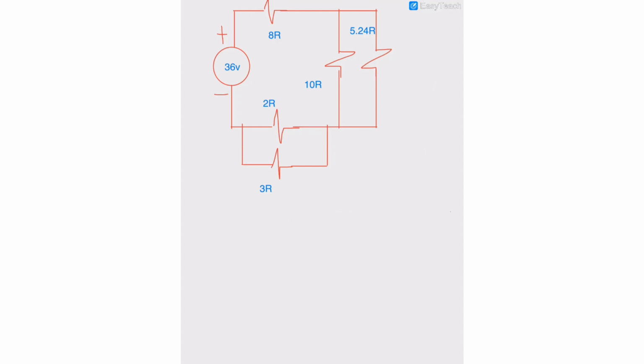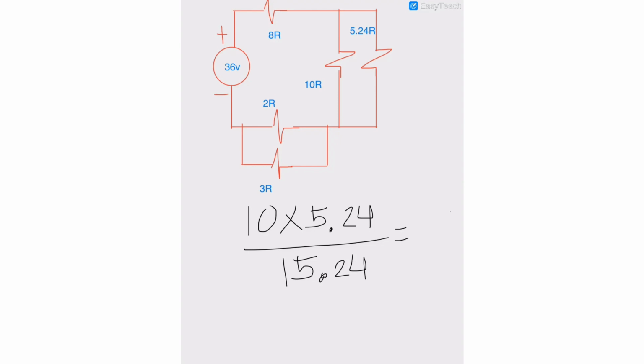Therefore, product over the sum again, 10 times 5.24 divided by 10 plus 5.24, which is 15.24, which is equal to 3.44.